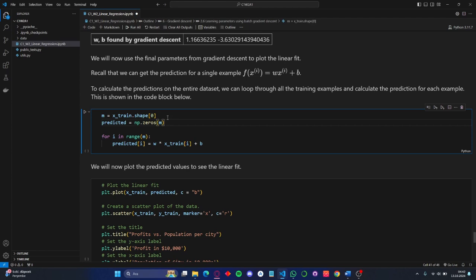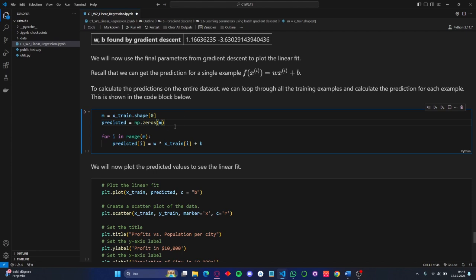Here m equals the x train shape, meaning m is 97, and we create a numpy array with zeros.